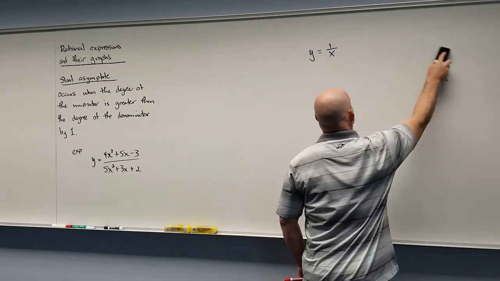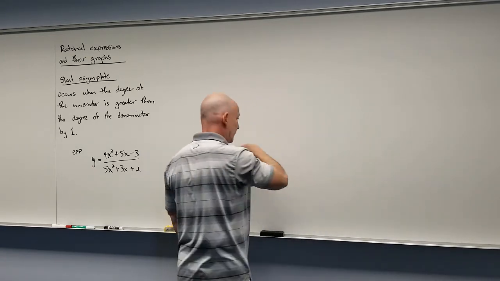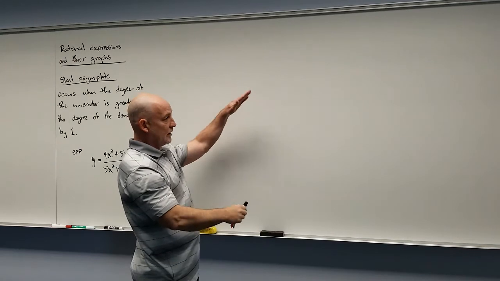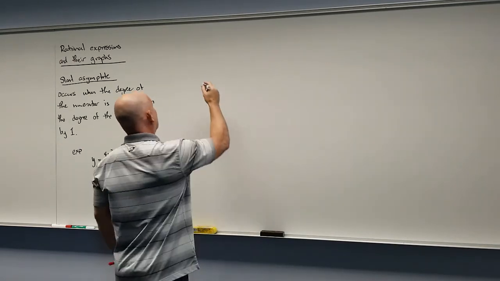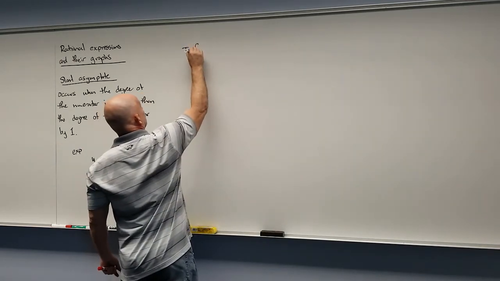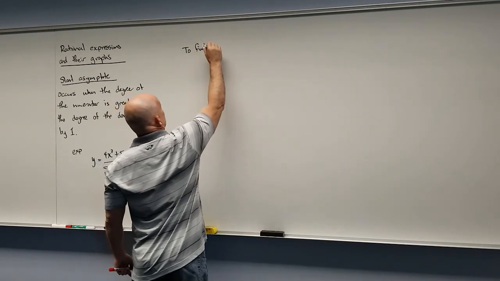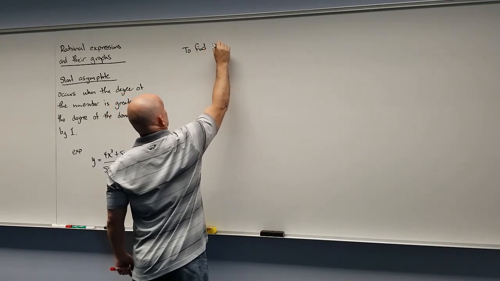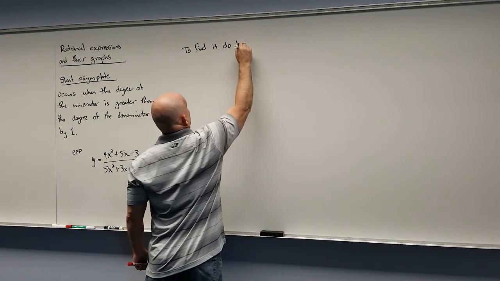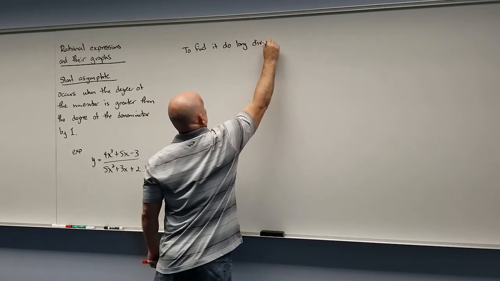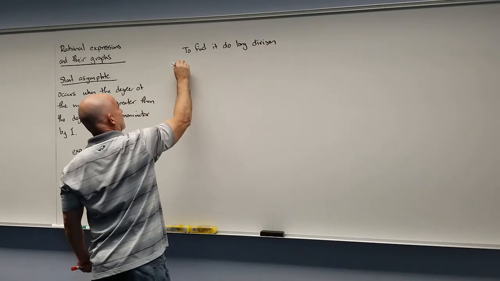Now all that means is our horizontal asymptote, which is normally of course horizontal, is going to be tilted up at some angle. Now to find it, do long division.